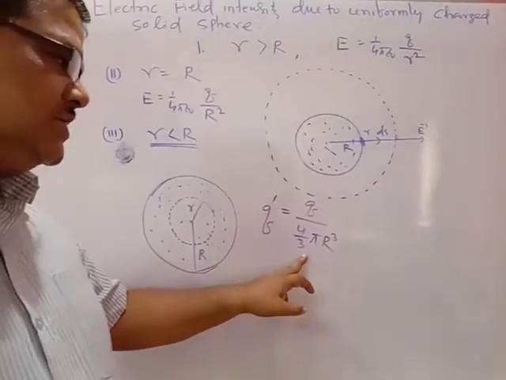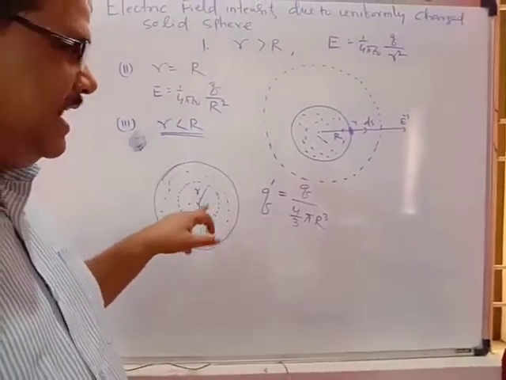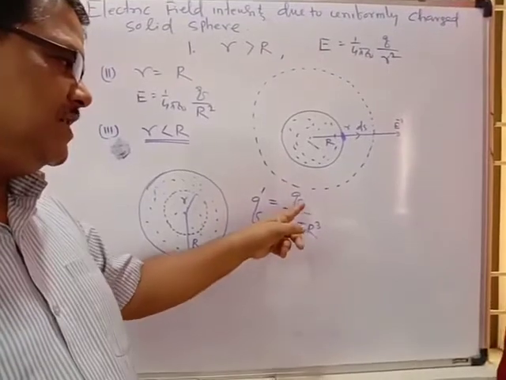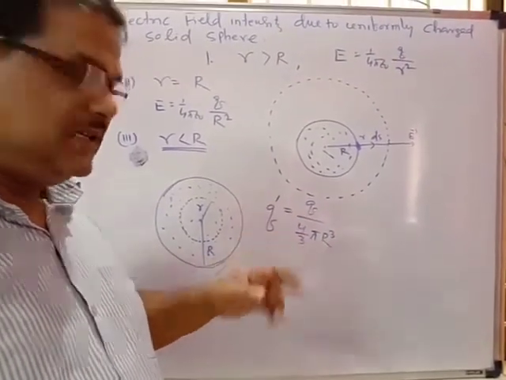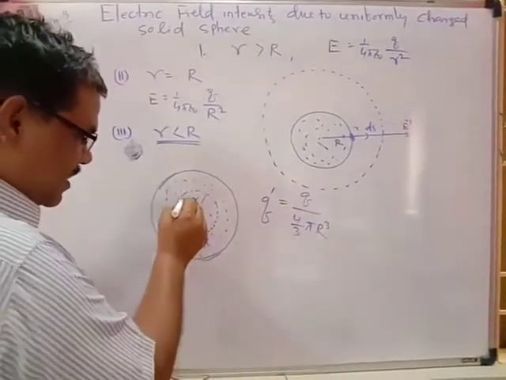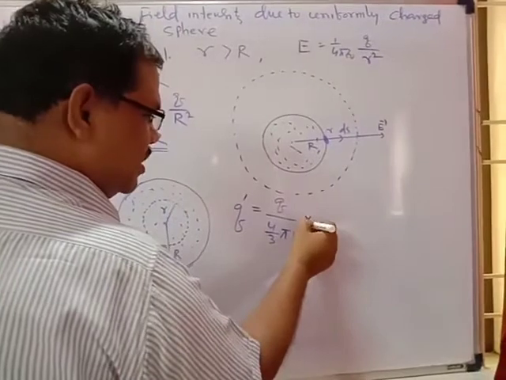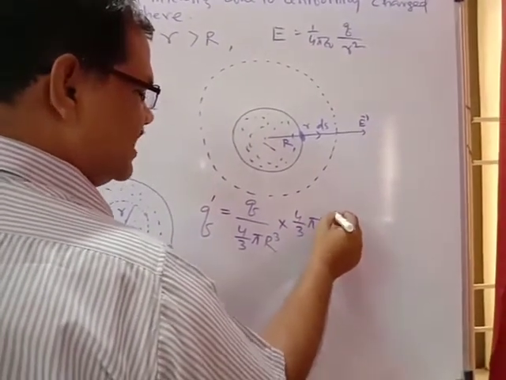The volume of the Gaussian sphere is 4 by 3 pi small r cube.